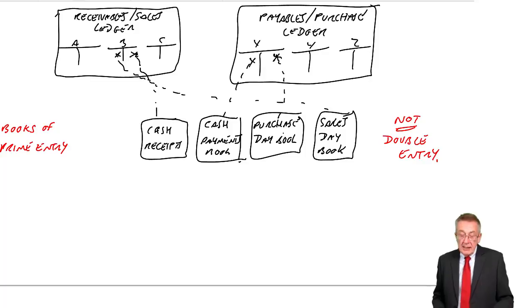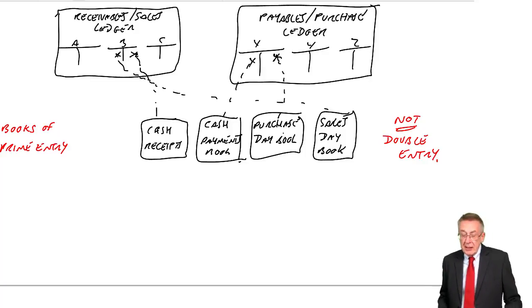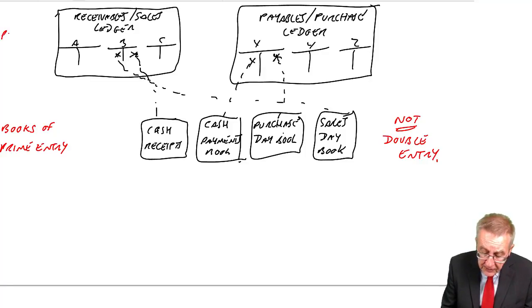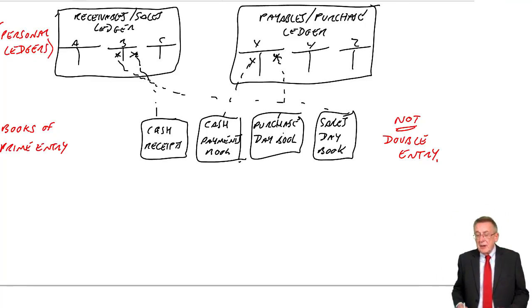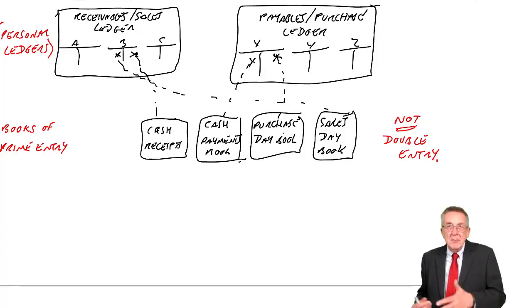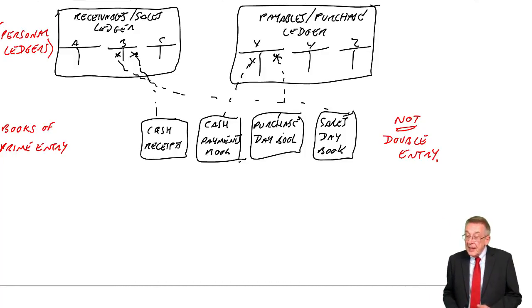These books, I'll put it in brackets because it's very old-fashioned, we used to call these personal ledgers. I doubt those words are used anymore, but we used to call them personal, it's Mr. A, Mrs. X, and so on.